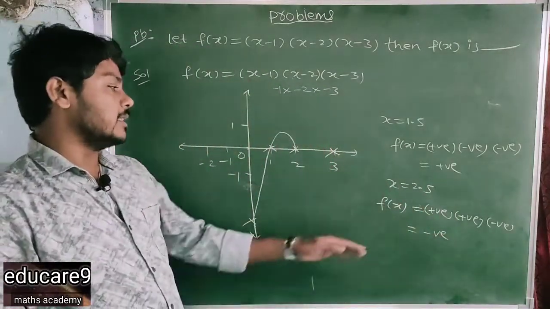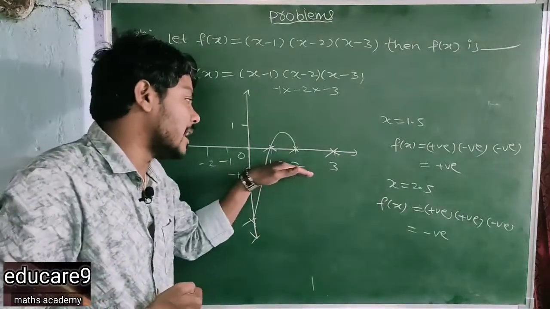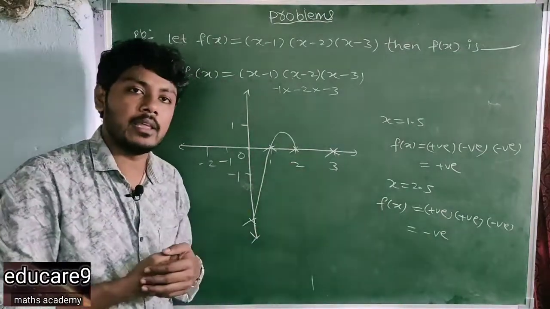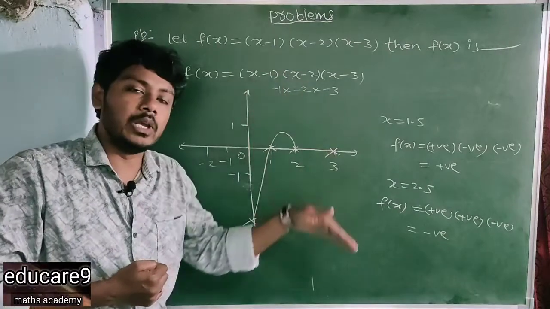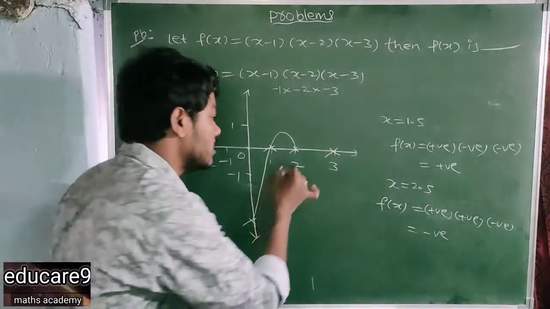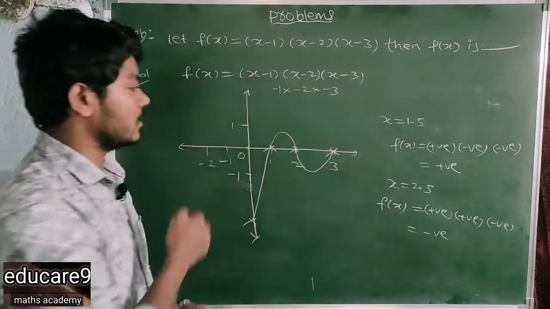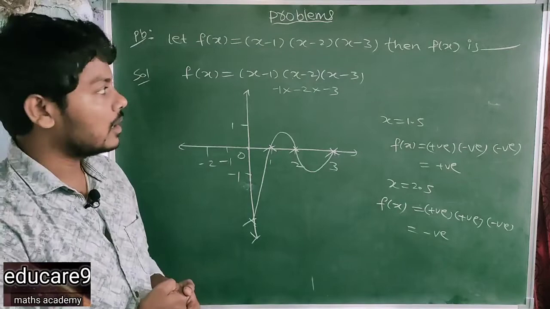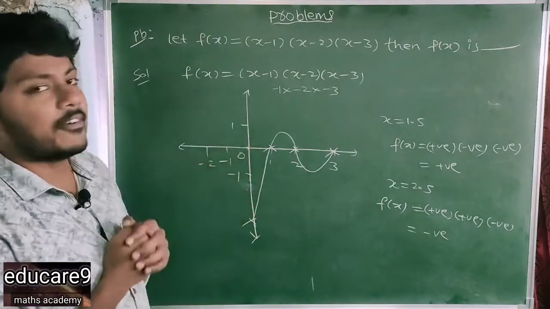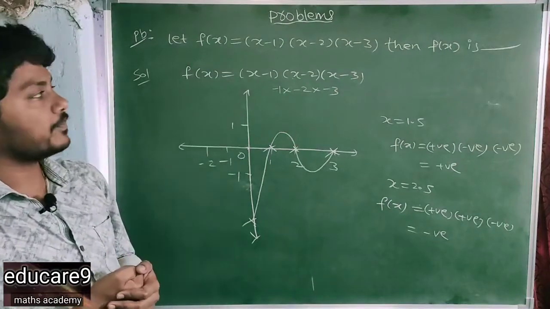So in this case, if x lies in the interval 2 to 3, the graph lies below the x-axis, because it is negative. So the graph is like this. Okay, now this is the graph of (x - 1)(x - 2)(x - 3).